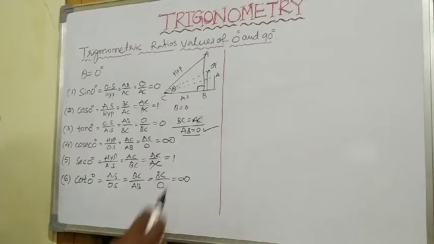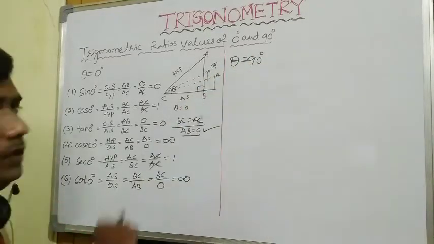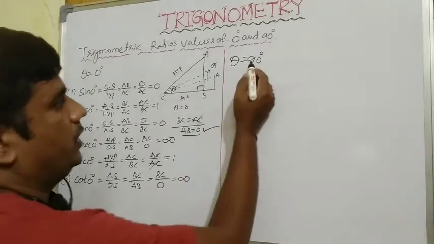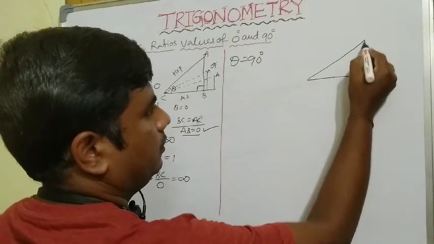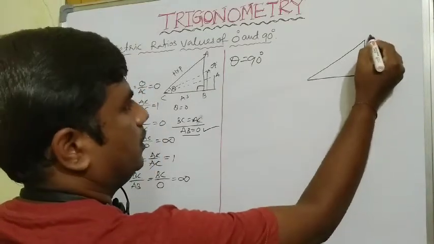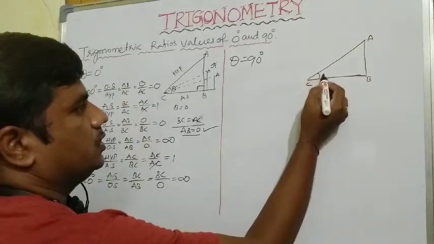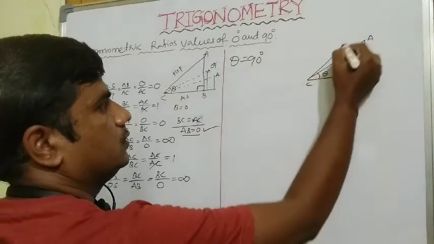Next, when theta equals 90 degrees, see, same right angle triangle we are taking. This is A, B, C. See, this theta value is increasing.